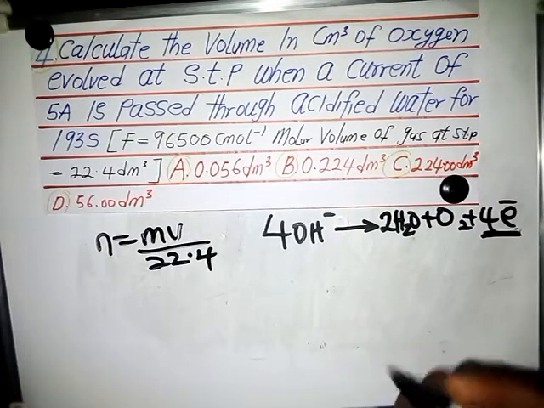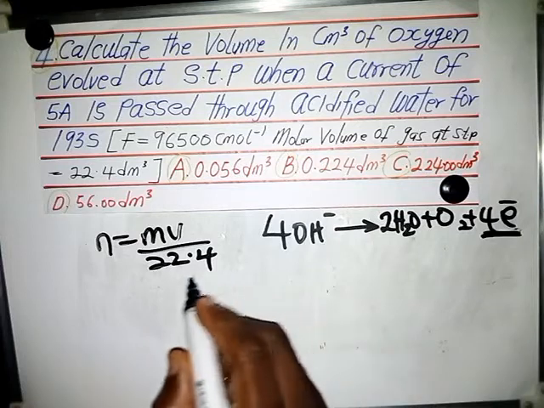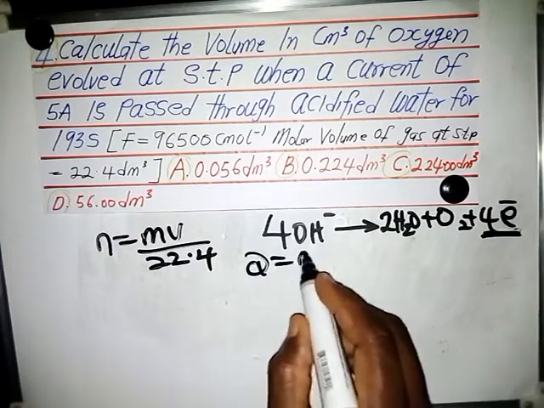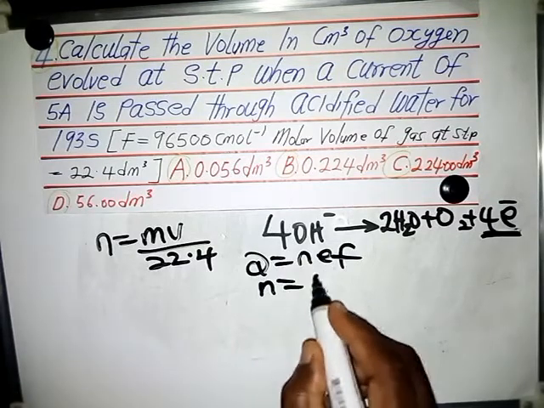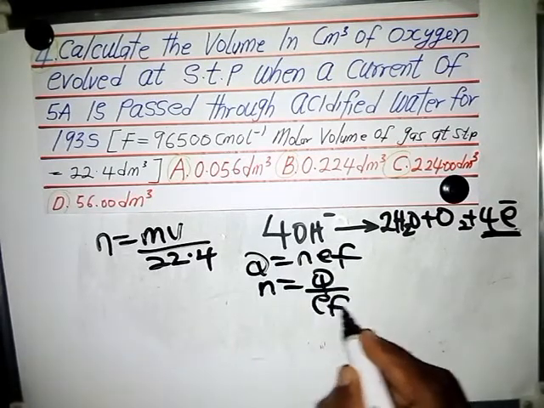We're going to make use of the other equation, Q equals NEF. Then n equals Q over EF.